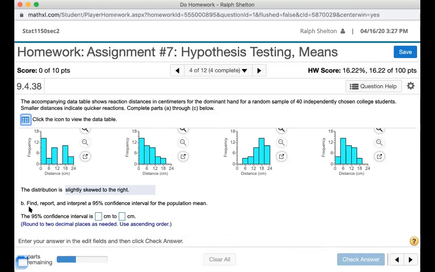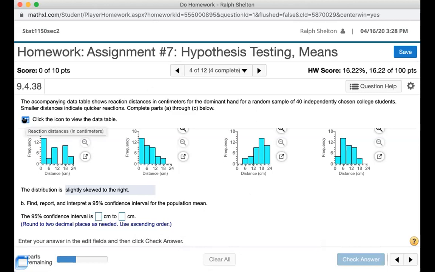Minimize that. Find, report, and interpret a 95% confidence interval for the population mean, okay? We can calculate that in StatCrunch. So let me go up here to, I'm just trying to get a little more room.